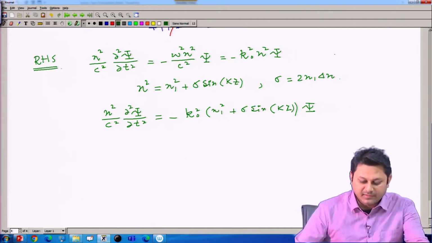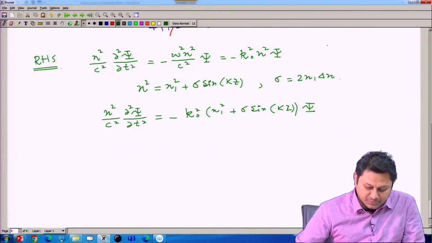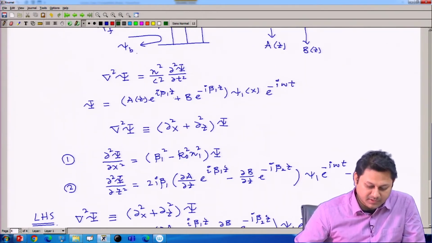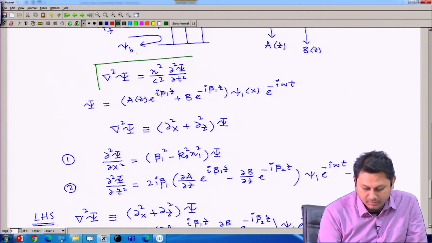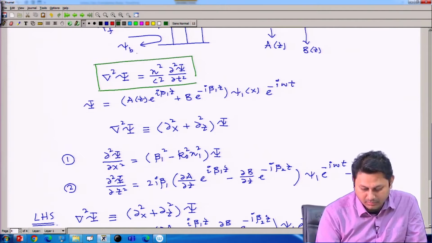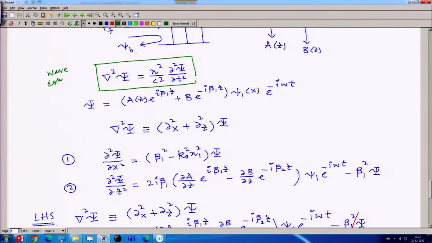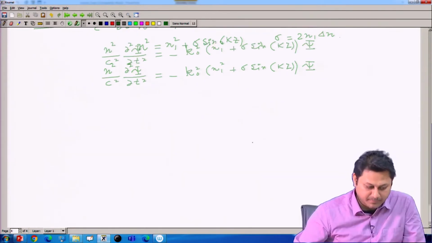So, I executed the left hand side of the equation and then the right hand side of the equation. These two things should be equal, because according to the wave equation, this is the wave equation we had. So, now I equate this left hand side and right hand side. Left hand side I know and right hand side also I know right now.